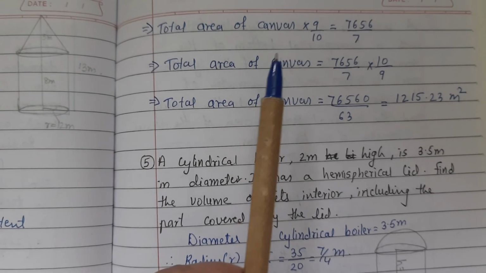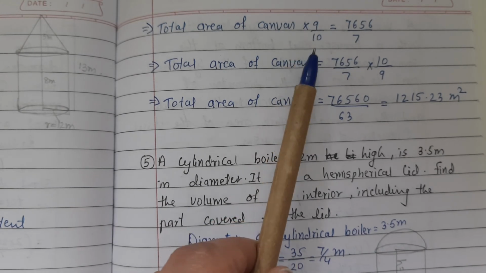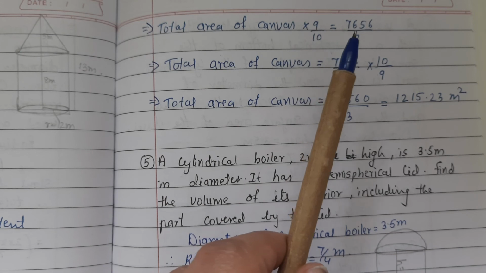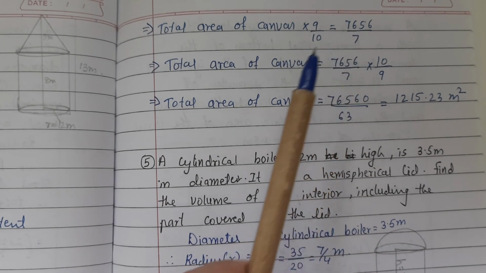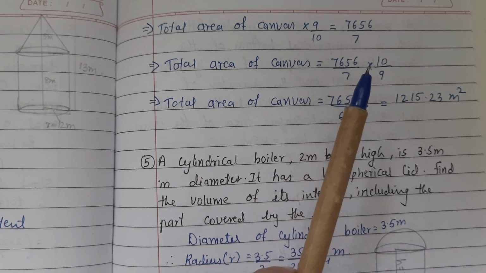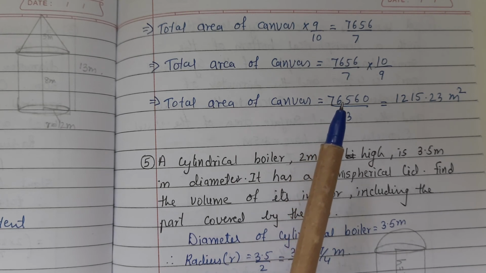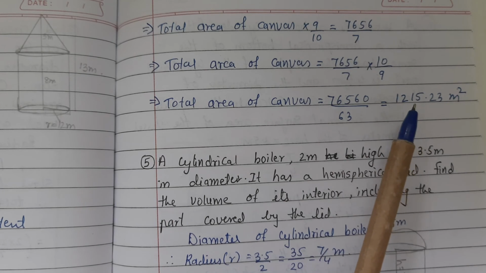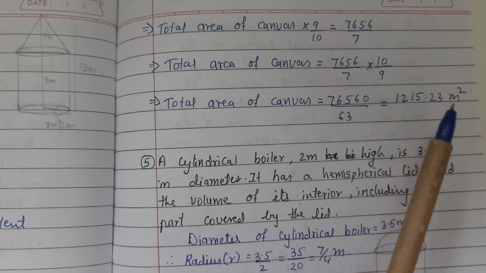Therefore, 1 minus 1 upon 10 is 9 upon 10. Total area of canvas into 9 upon 10 is 7656 upon 7. Therefore, total area of canvas is 7656 upon 7 into 10 upon 9. Total area 76560 upon 63, which is equal to 1215.23 meters square.